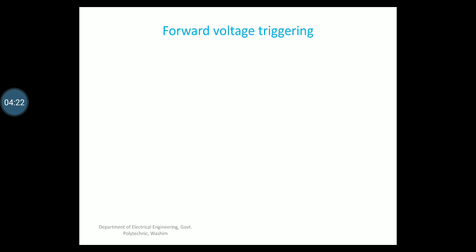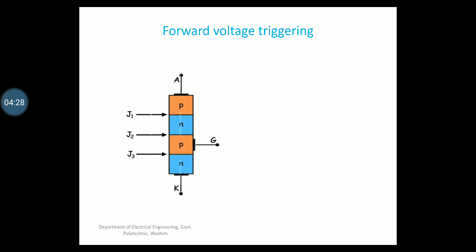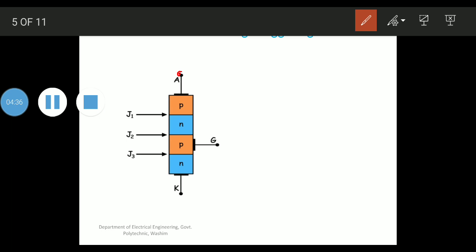Now let us begin with the forward voltage triggering. Now let's see what happens in case of forward voltage triggering. Now this is your SCR, this is the anode and this is the cathode. Now anode is made positive with respect to cathode.